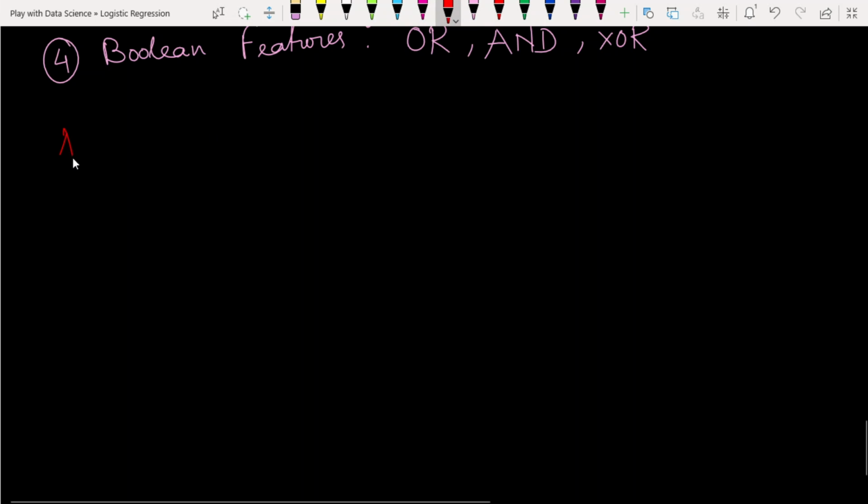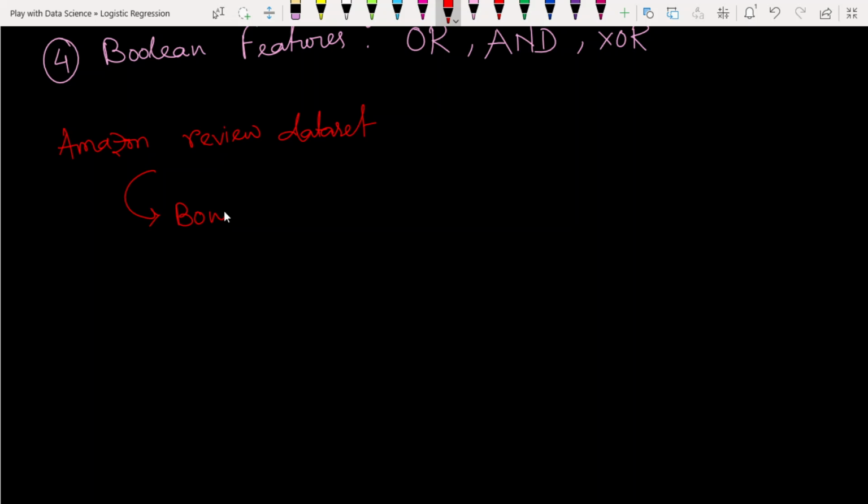If you see the Amazon review dataset, there you have to transform the words to vectors. Simply, there we use bag of words, TF-IDF, which I think you have already learned about, and word to vector.